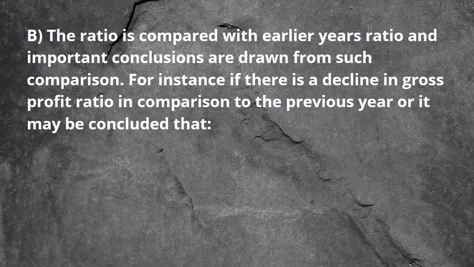But when the matter is of gross profit ratio, all the direct expenses will be taken. Indirect expenses will be taken when you prepare the P&L account, or when we calculate other ratios, not the gross profit ratio.